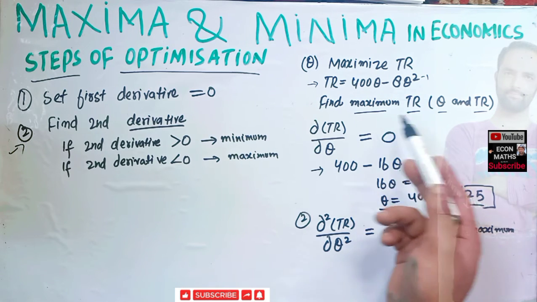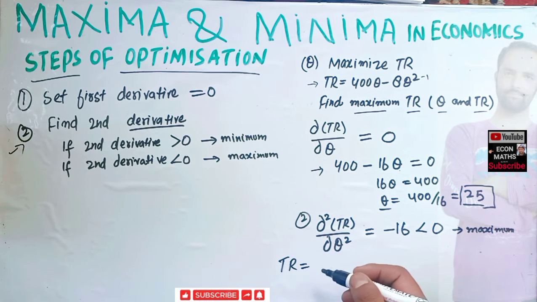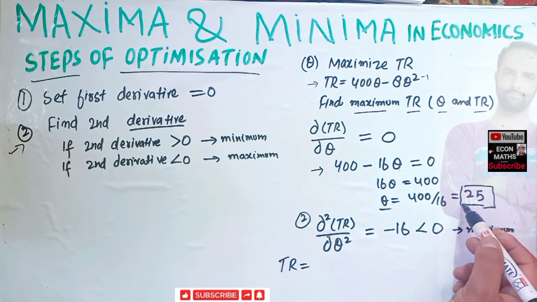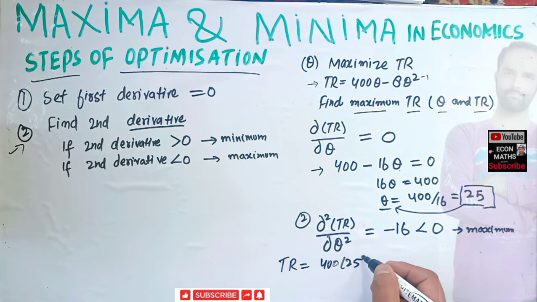Now to find the maximum total revenue, as we know, total revenue is simply equal to, this is our total revenue, just plug the value of Q is equal to 25, which we got here. So we have 400 into 25, then we have minus 8 into 25 square.